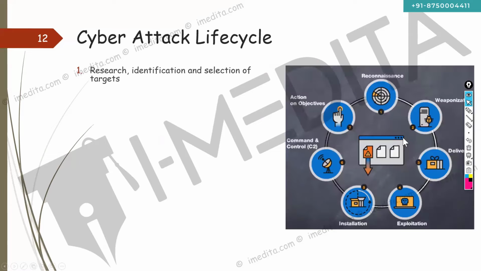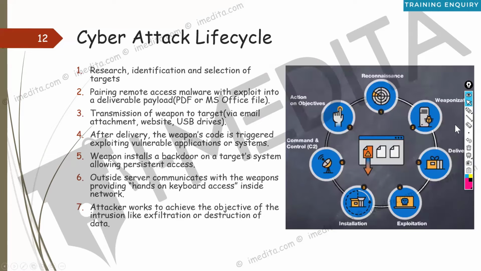Now, next it is saying cyber attack life cycle. How does an attack happen in any organization? There are a total of 7 steps here. I'm not saying that you have to memorize these line by line. It is just to make you understand how an attack happens. First of all, the attacker will do research, identification, and selection of the target.